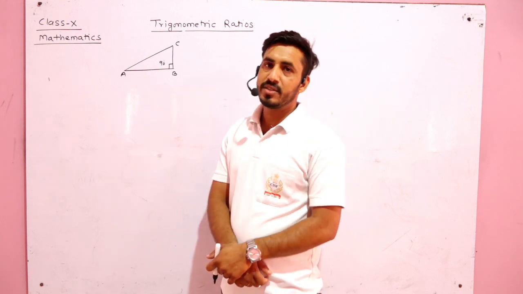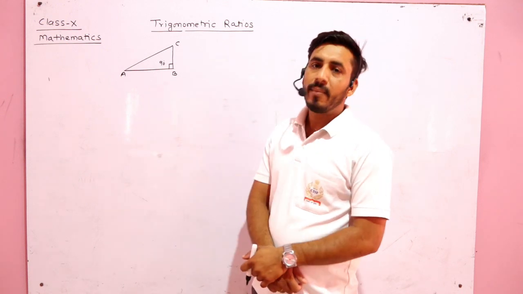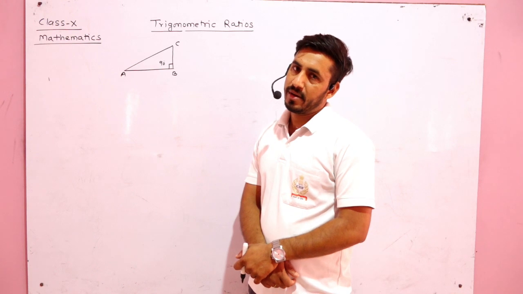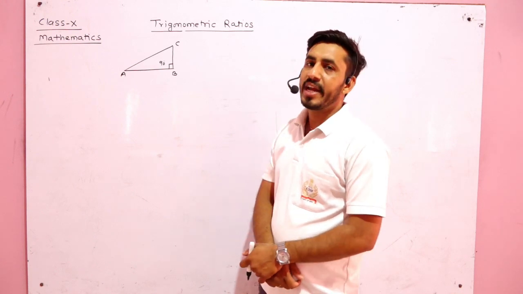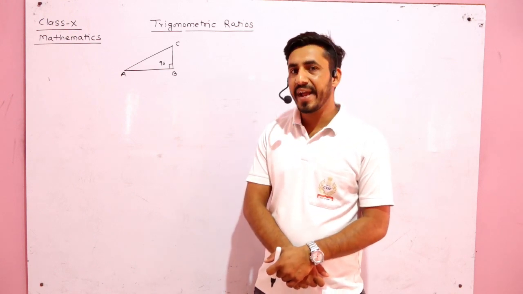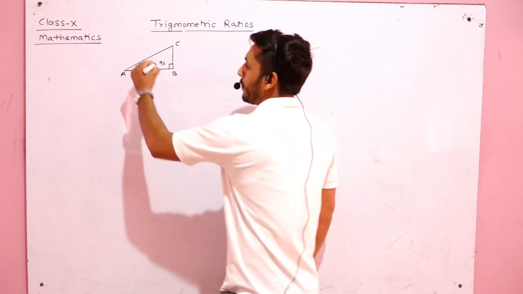In the early classes we have studied about right angle triangle, where the side in front of 90-degree angle is called hypotenuse.